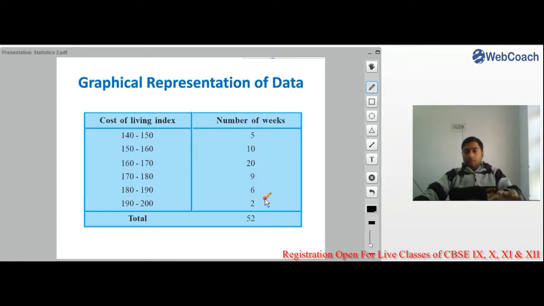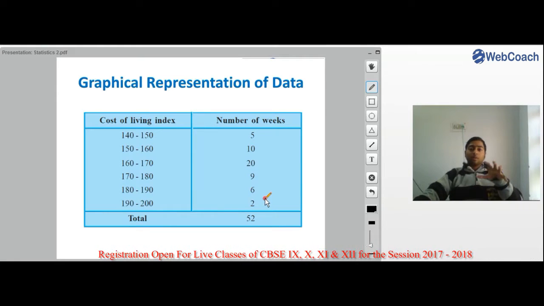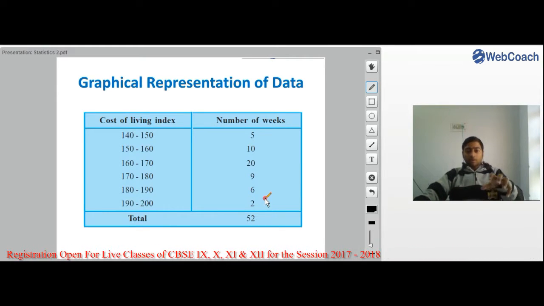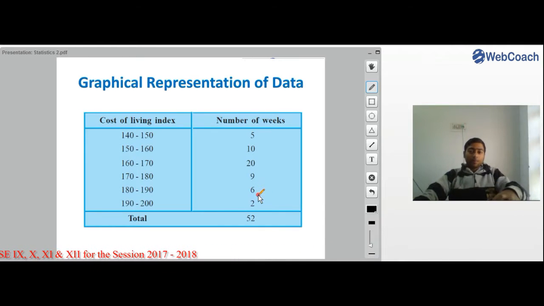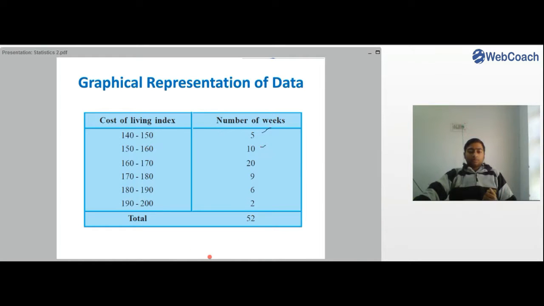Now don't care so much about the data. We will look at the construction of the frequency polygon, and from there we want to extract how to draw it when we are given a certain set of data. Now you can keep in mind some of the data, like for 140 to 150 we have 5, for 150 to 160 we have 10, and so on.